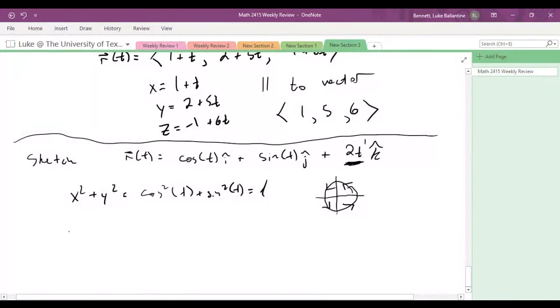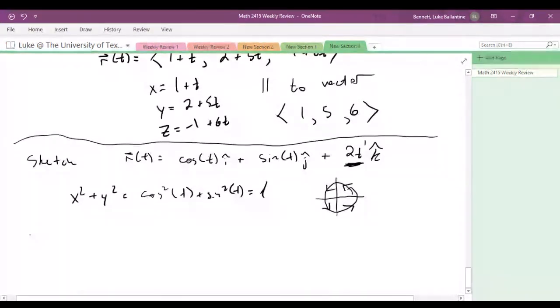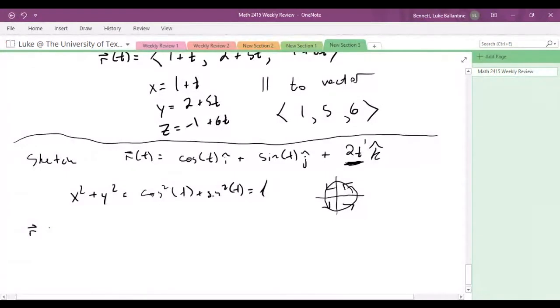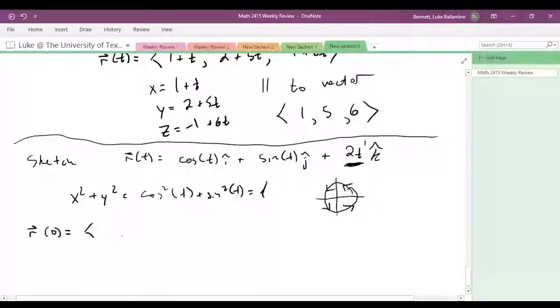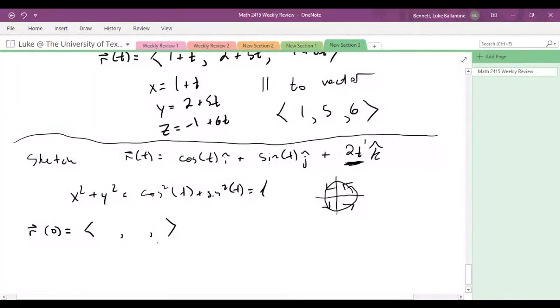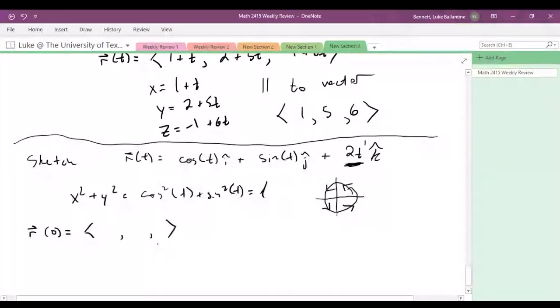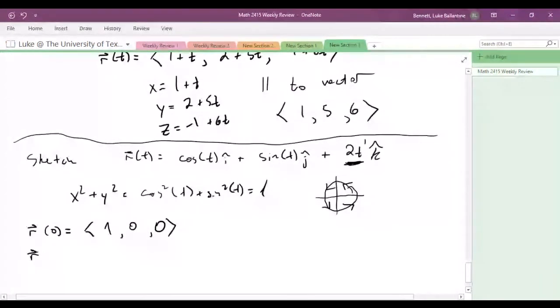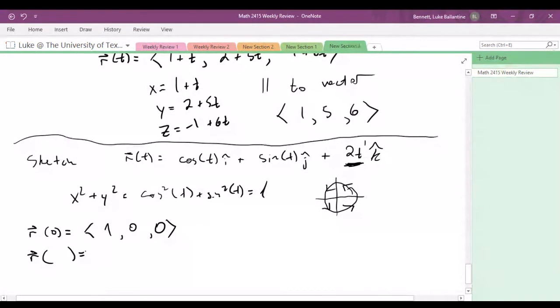So now let's just get a couple points going. We have r of 0. What is r of 0? Perfect. Okay, now what should we do next? R of what value? Pick an easy one. The most natural, pi over 2. There you go. That's what I would have said.